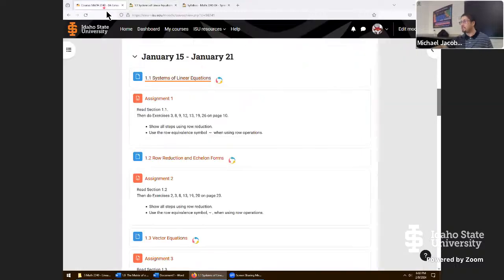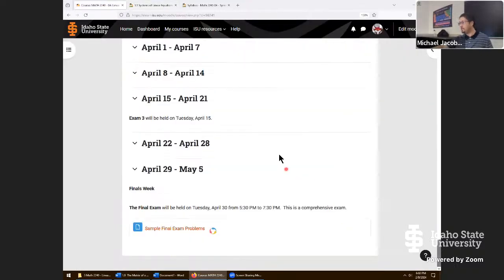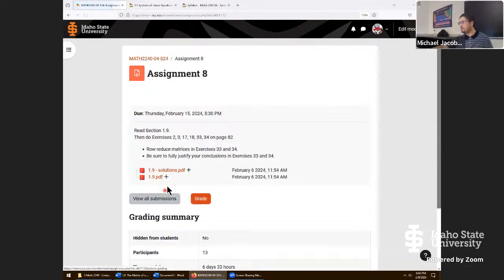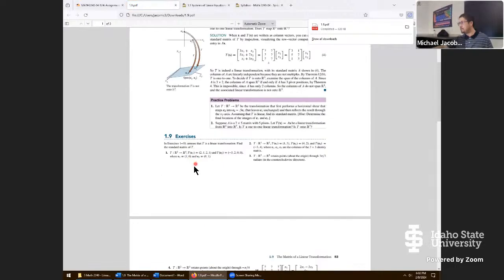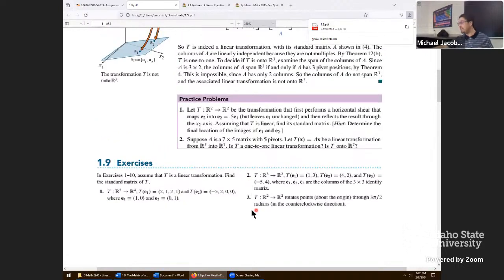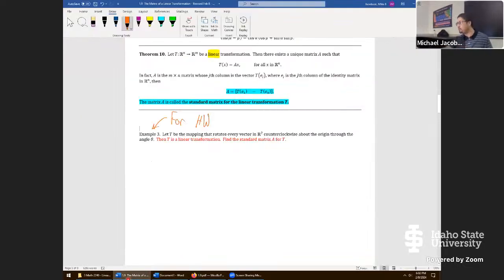In the homework set for assignment number 8, problems 1, 2, and 3 are just using that theorem that we're indicating, but we're doing a formula that's going to help us on exercise 3 in section 1.9. So let me put here homework number 3.